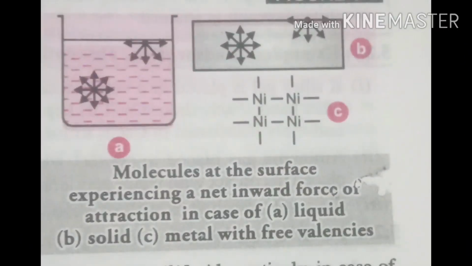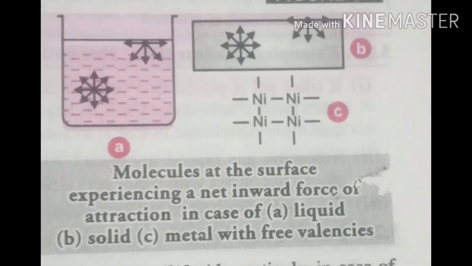Now students, come to the next topic, that is mechanism of adsorption. If we consider a liquid, there are two types of molecules in it. The molecule which is present in the bulk experiences equal and opposite forces from all the sides, so the net force on it is 0. But the molecule which is present on the surface experiences inward pull of attraction, which causes surface tension.